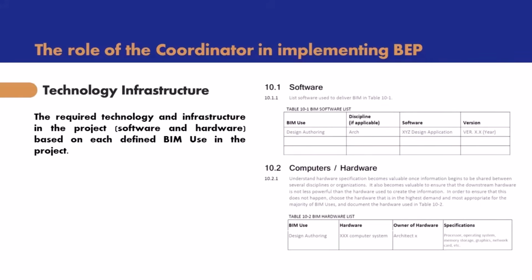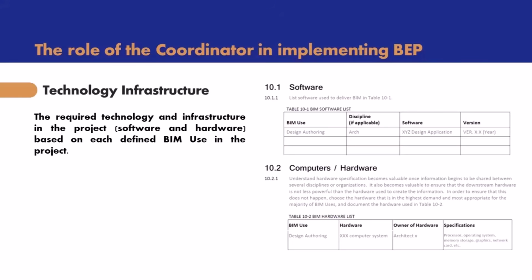Okay, here we have technology infrastructure. The required technology and infrastructure in the project could be software and hardware based on each defined BIM use in the project. For example, for the modeling, as I told you before, we need software which is Navisworks.